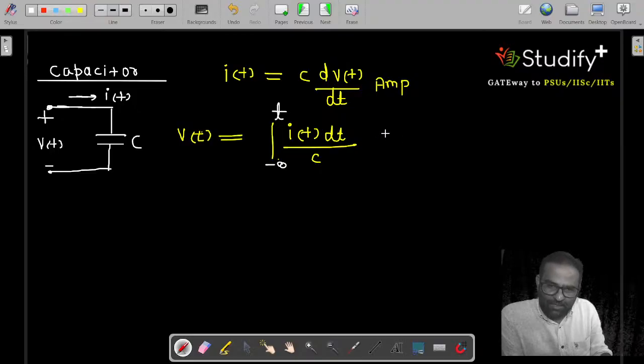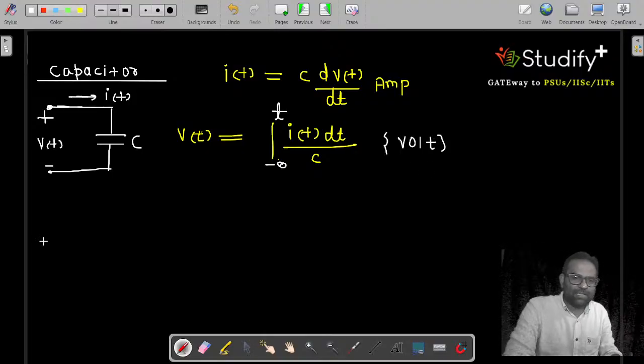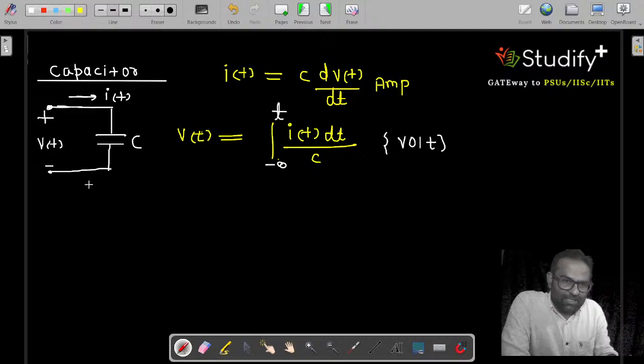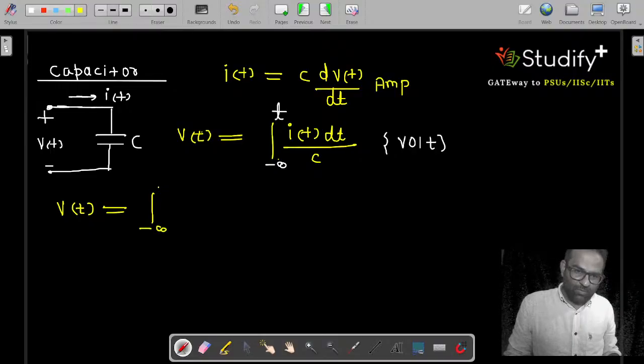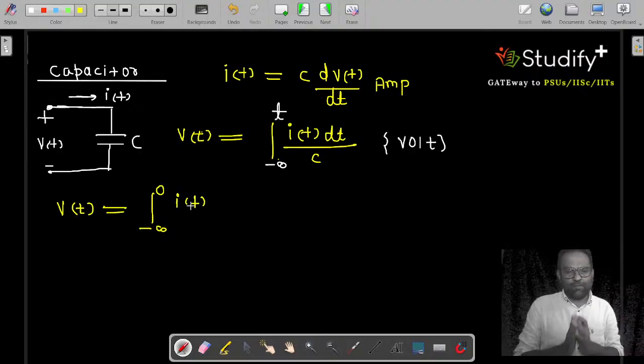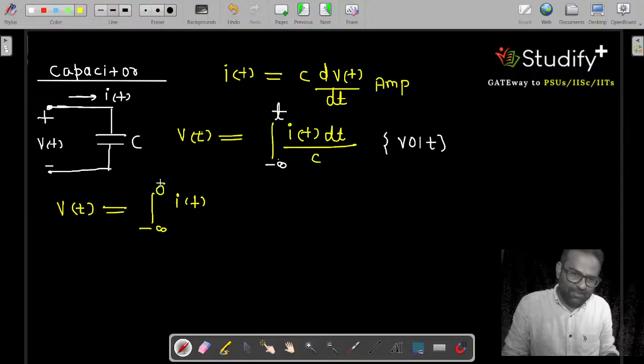Always remember, your differential equation will provide you two types of solution. First is zero input response and another one is forced response. Now you can say the voltage across the capacitor can be divided into two categories. V of t can be written as integral from minus infinity to 0 minus, because this is a continuous function.